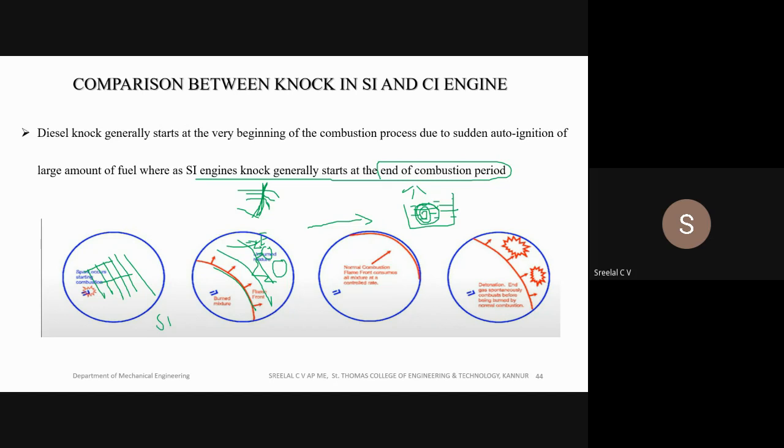High pressure will be introduced inside the combustion chamber. As a result, vibration and noise will be produced, and that particular vibration causes knock in the engine. Understood?